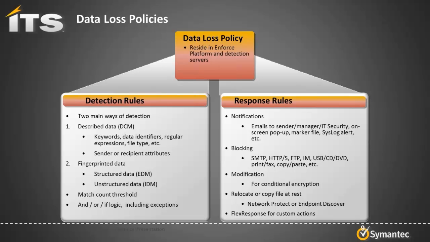Also with that blocking, as we covered earlier, USB devices are blocked by default if you have an endpoint agent installed. And that includes DVD and CD burning copies also.